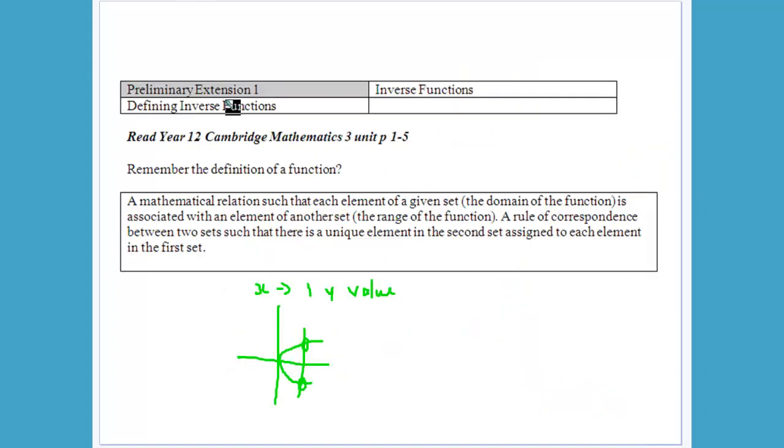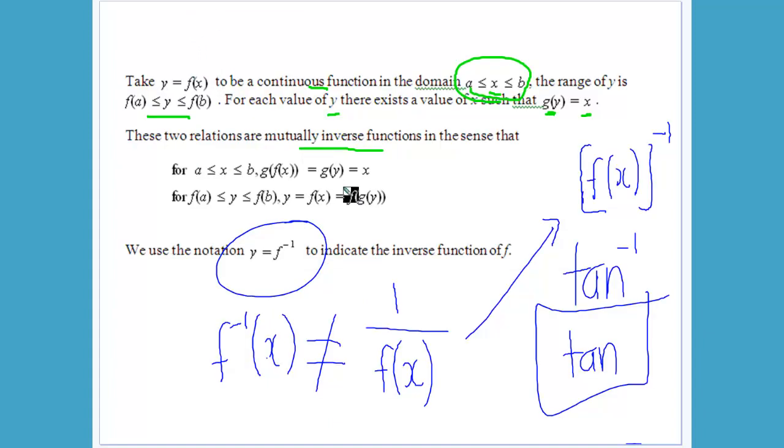If we look at our previous example, if we took the inverse of it, but then went backwards, we'd still get those two values. So we wouldn't be able to get one value there, and we wouldn't turn it into an inverse. We still have to maintain a one-to-one situation, so you can't have two y values for any x value, or two x values for any y value.